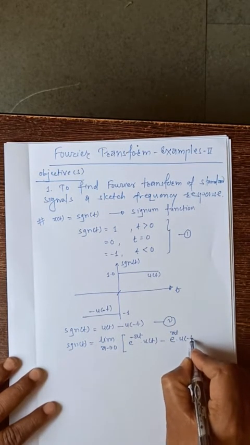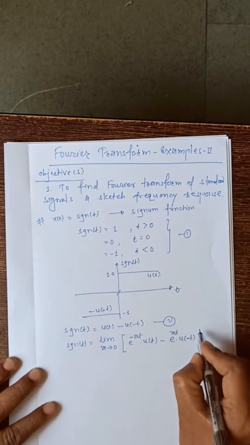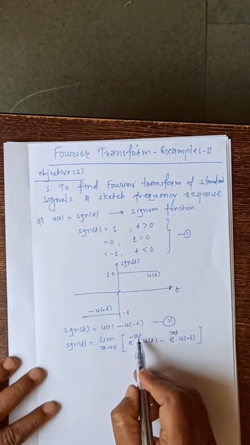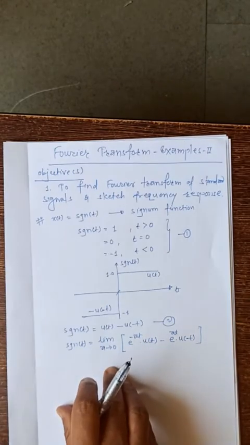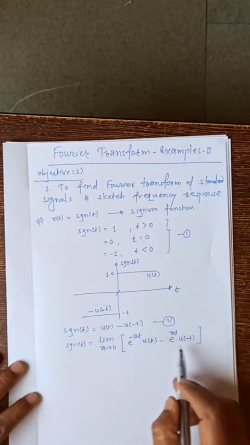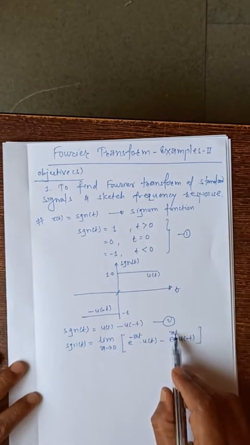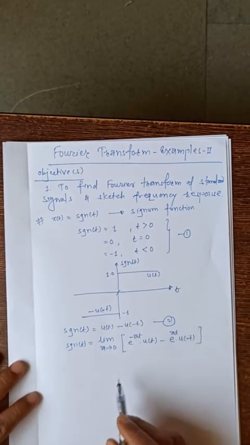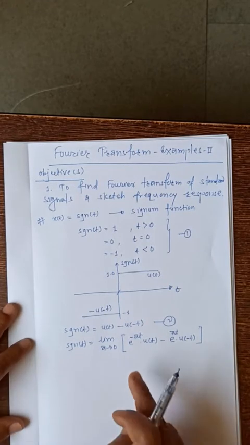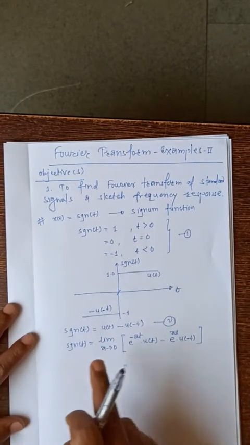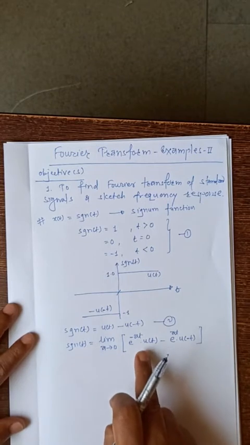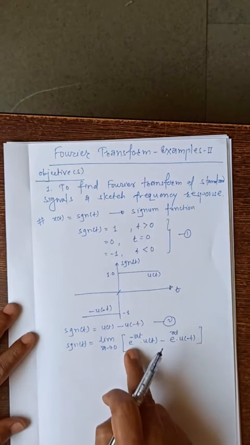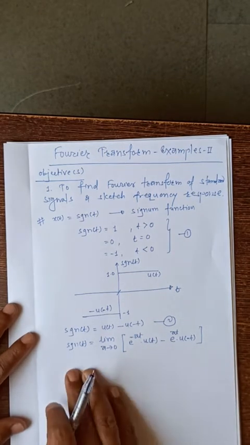Now if I put a equal to 0, e raised to 0 is equal to 1. So u(t) minus u(-t), there is no change in the given signal. Just for finding the Fourier transform, we have multiplied by a two-sided exponential, and that is just like multiplying by 1.